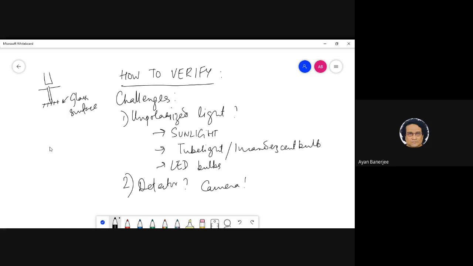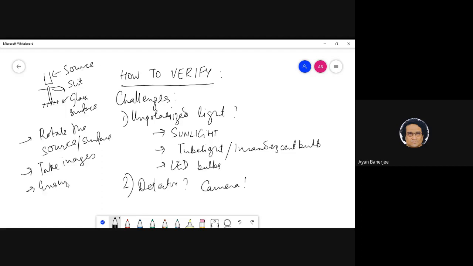But the important thing is somehow you have to rotate the source, or the surface, and take images. So this is basically a slit. This is your source. Take images.